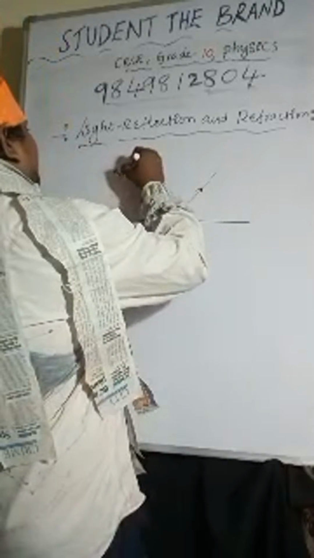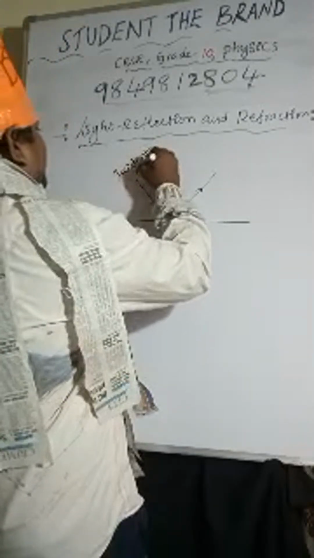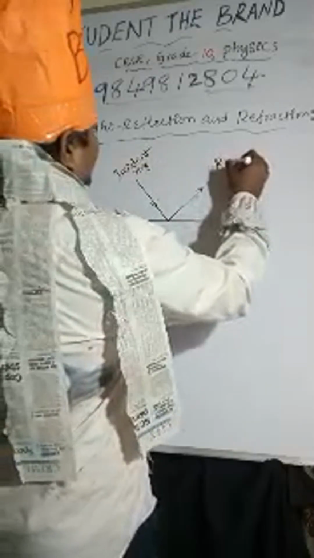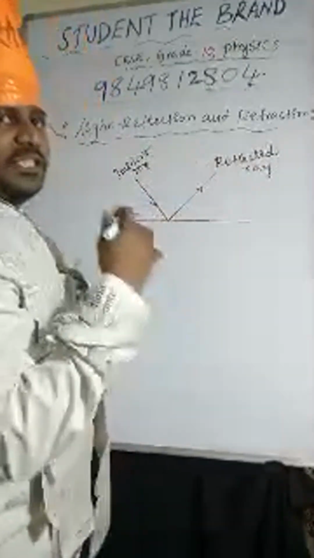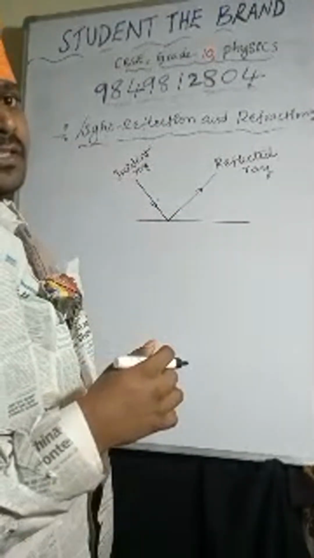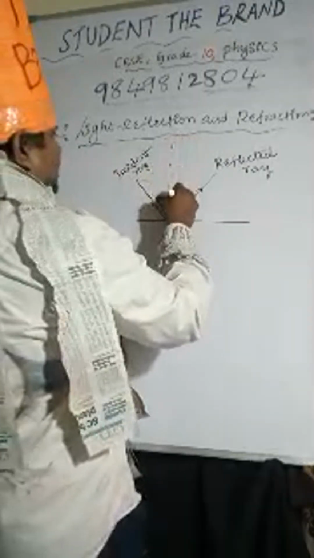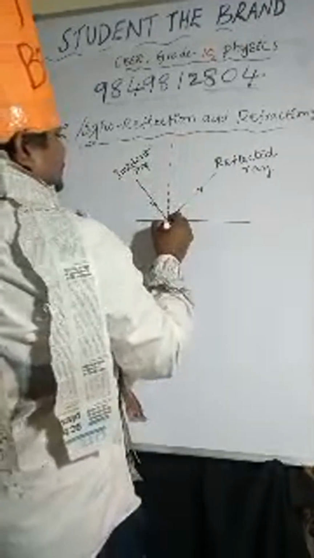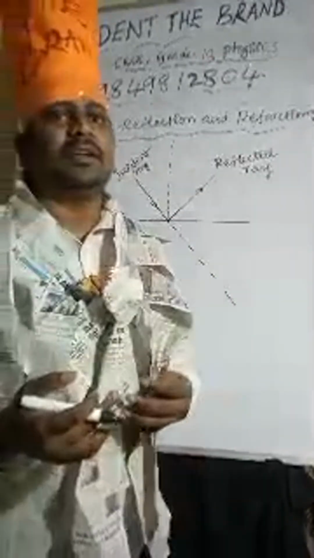Incident ray, reflected ray, and the line which is perpendicular to the plane surface is called the normal line. Here you can observe this is the normal line. This is the undeviated line.